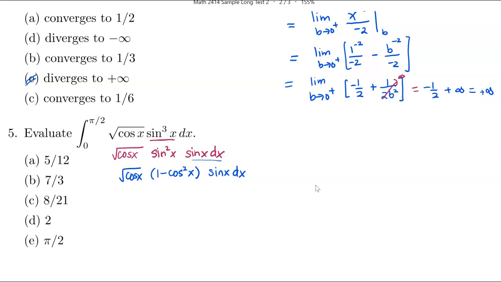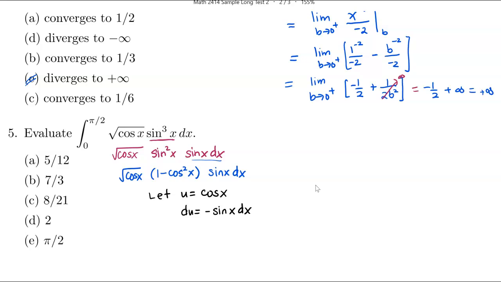The reason for that is because we want to do u substitution. Then we can let u be equal to cosine x. And if you let u be equal to cosine x, your du is equal to negative sine x dx.